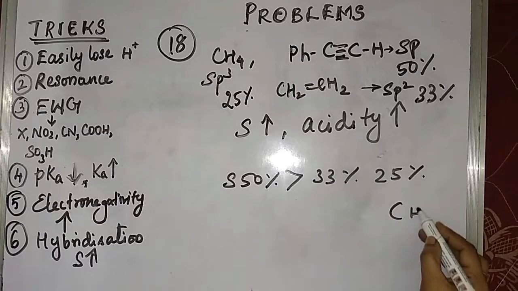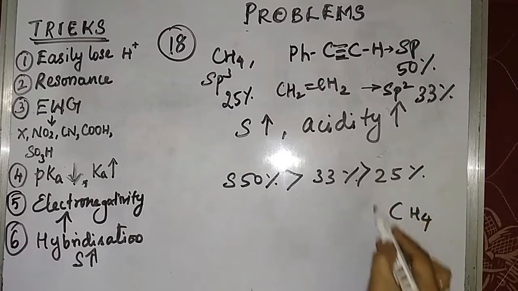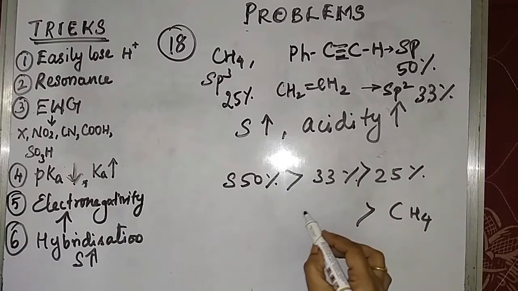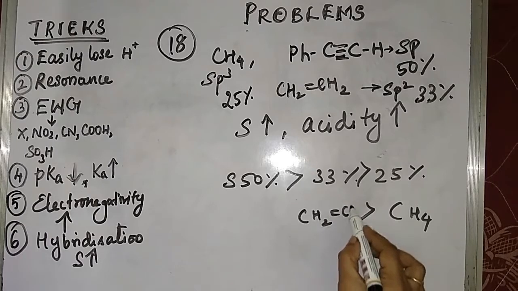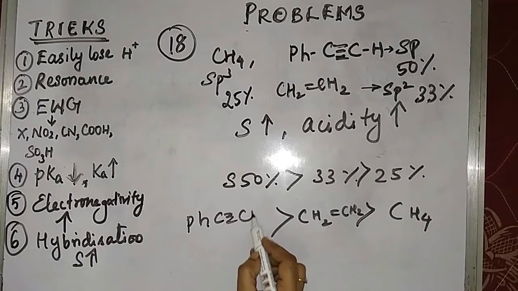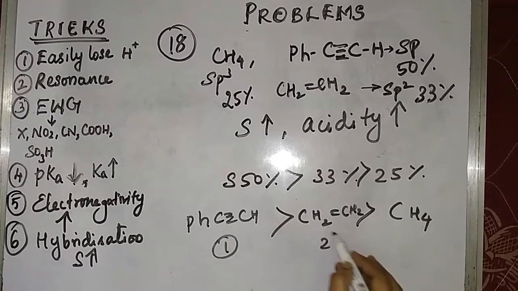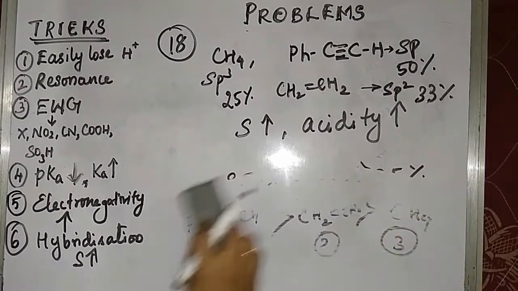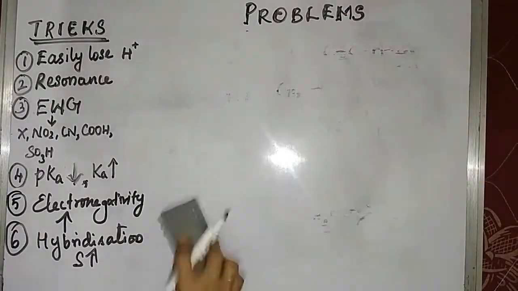So 25% is the last one, methane. And 33% is sp2, that is CH2 double bond CH2, and the triple bond comes first, then second and third. And the next one, this is the 19th one.